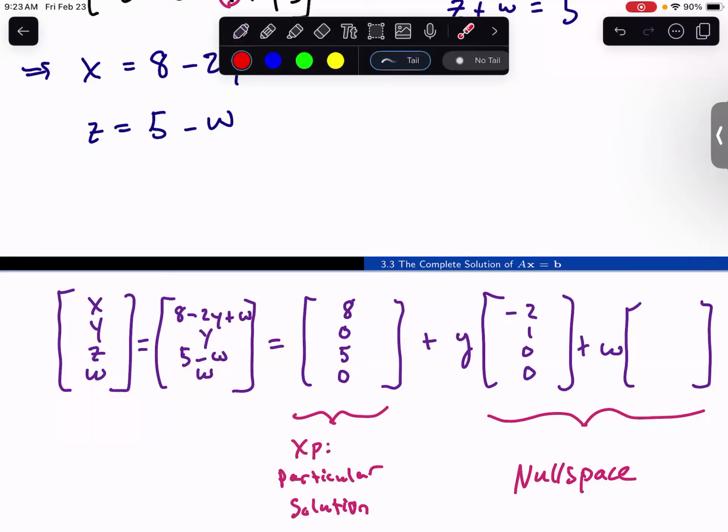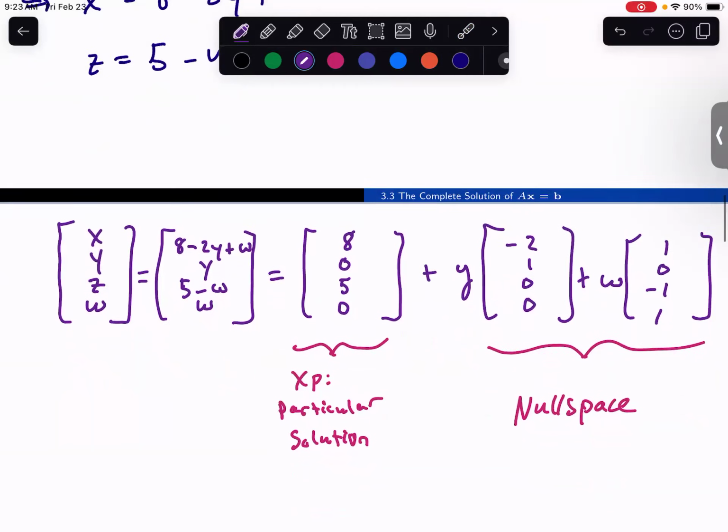So this will be the vector corresponding to y. It's like just factoring out a y from the vector here. And then the w, we have a w in the first component, which will give us a 1. The second component is just y, so it will be 0. We have a minus w in the third component, so it'll be a minus 1. And then the last component is just w, so you have a 1.